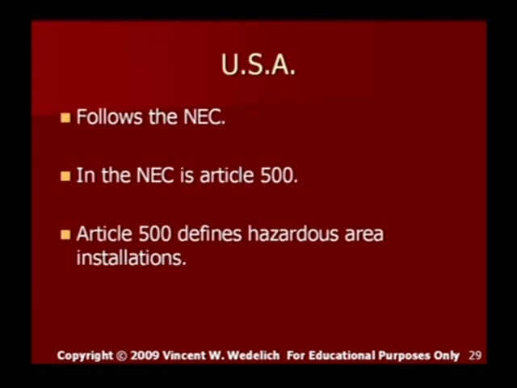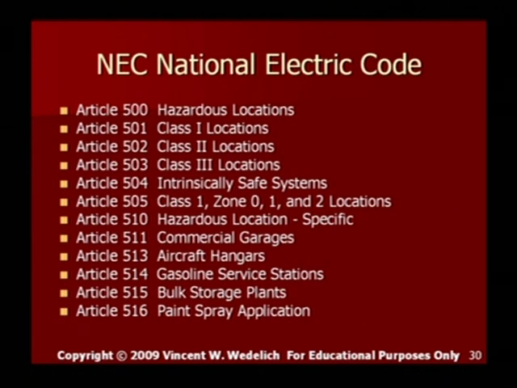In the USA, we follow the NEC, and the NEC is Article 500. Article 500 defines hazardous area installations. The NEC is broken up into Article 500, 501, 502, 503, 504, 505, and 510.